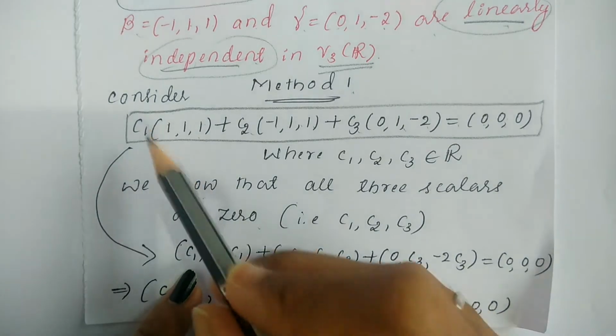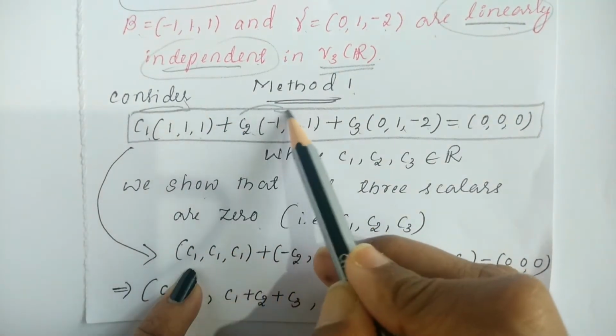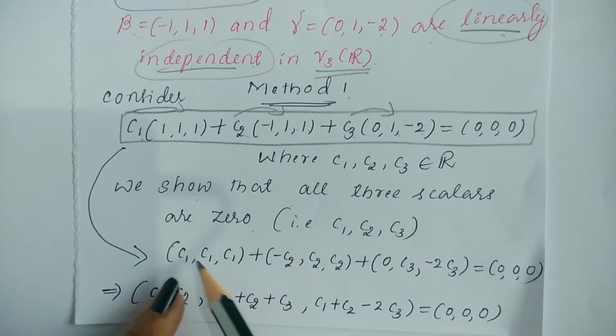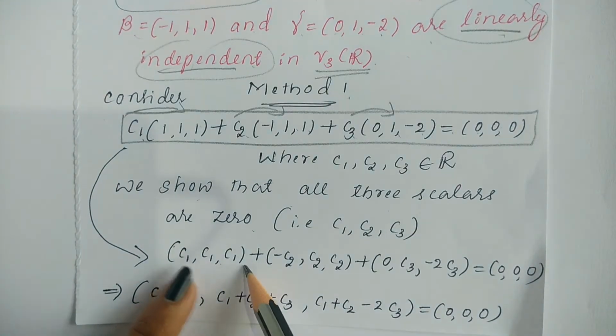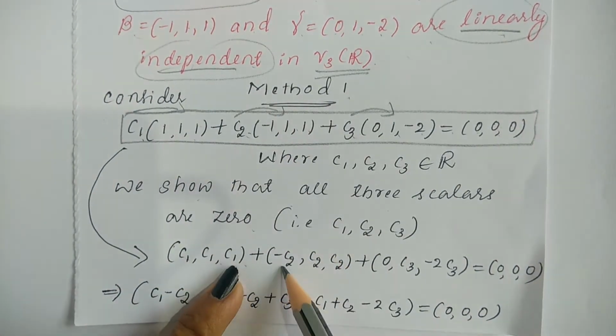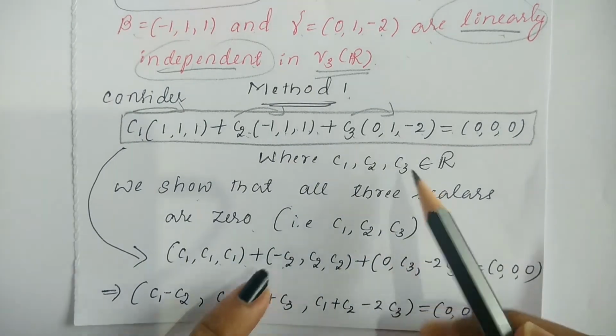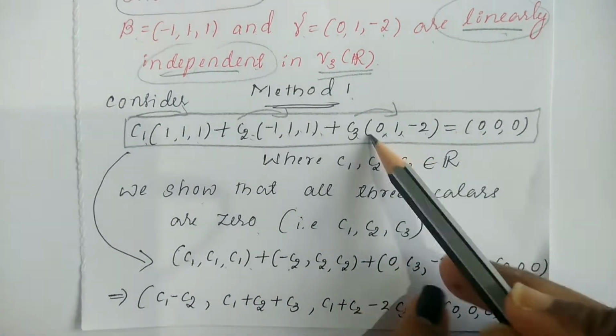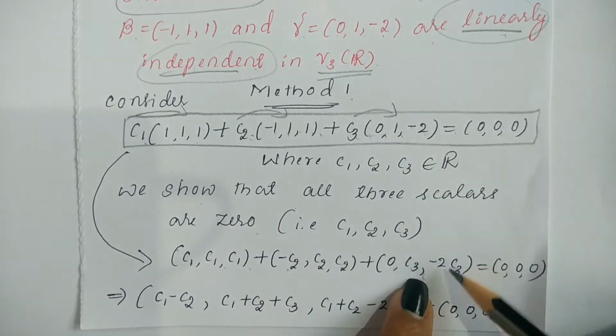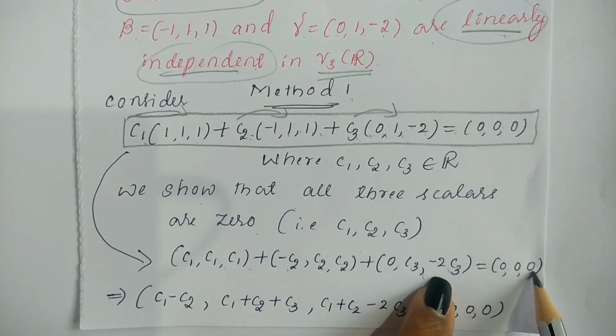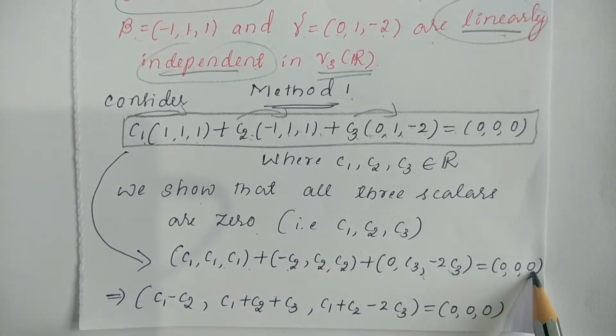Now multiply C1 within the bracket, C2 within the bracket, C3 within the triplet. C1 ones are C1, C1, C1. Next, minus 1 into C2 gives minus C2, C2, C2. Next, C3 into 0 is 0, C3 ones are C3, and minus 2 into C3 is minus 2C3, which is equal to (0, 0, 0). Next, add.